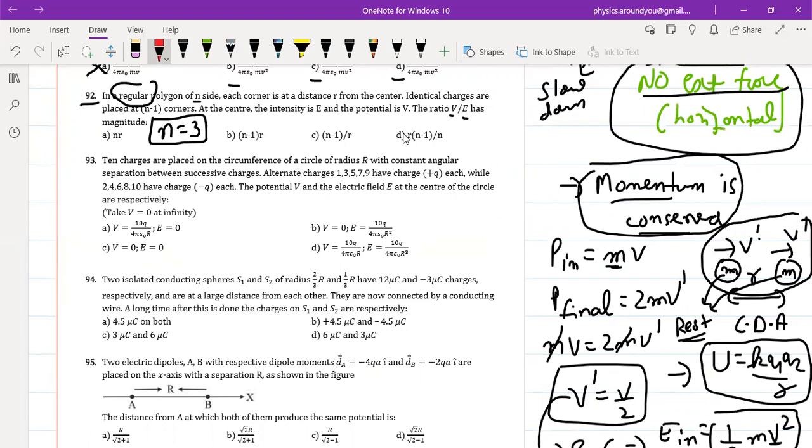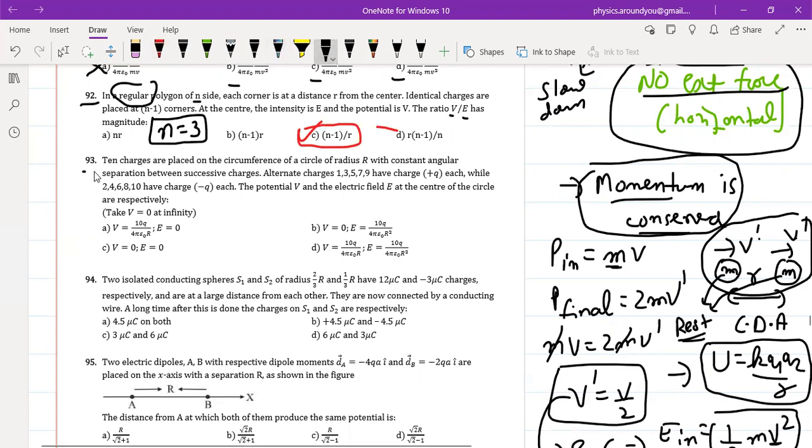The only option which gives me 2R is option C. So C should be the right choice for 92. Here is where you make very difficult things easy by assuming the value of a variable as something which you know. Here n is 3 because it becomes an equilateral triangle.